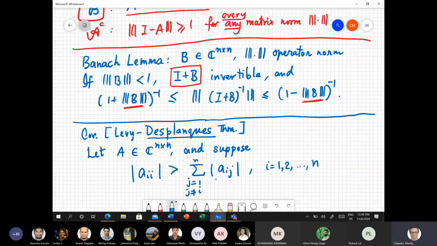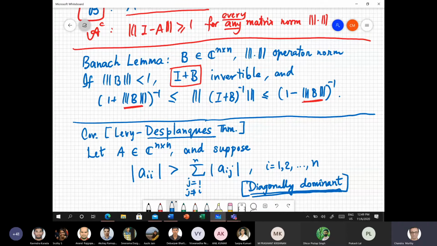And such matrices are called diagonally dominant matrices. They are very important from a matrix theory point of view. We are going to see a lot more about such matrices.